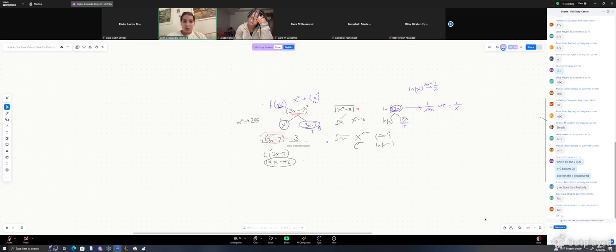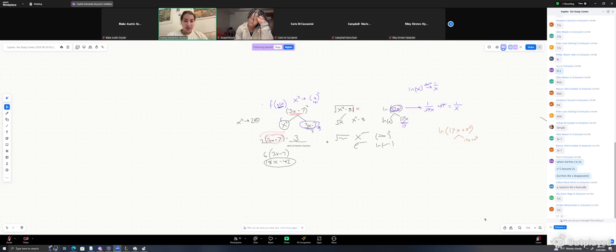Now, let's actually do a more complicated one. I want to do natural log of 17x plus x cubed. Okay, well, there's a longer, more complicated interior function now, right? So our interior is going to be 17x plus x cubed.